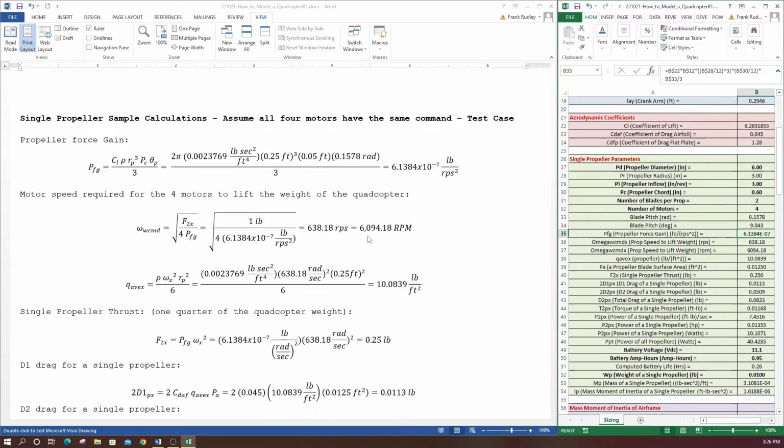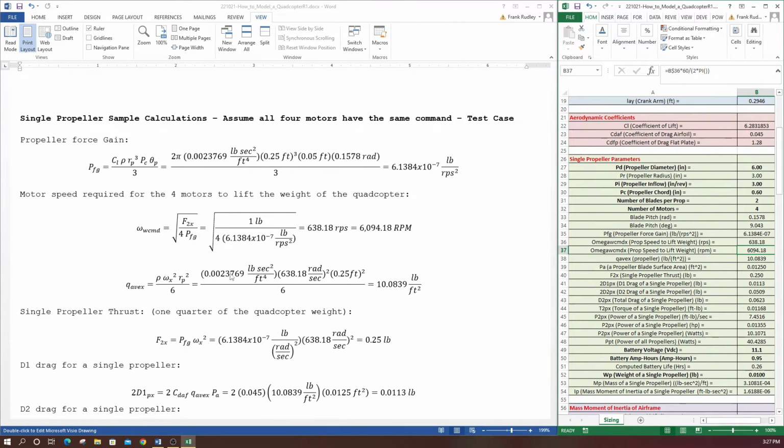Being these motors can go up to about 12,000 RPM, that gives us twice what we need in RPM to be able to lift the weight of the aircraft. I have that equation also over here in the spreadsheet in radians per second, and then we convert it to RPM over here. So that's it in radians per second and RPM.